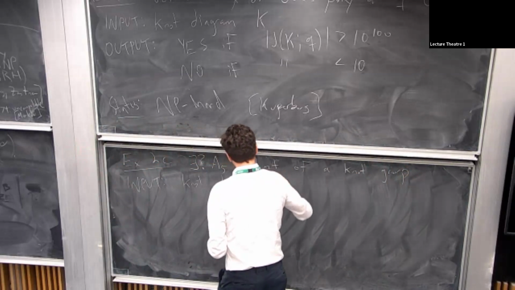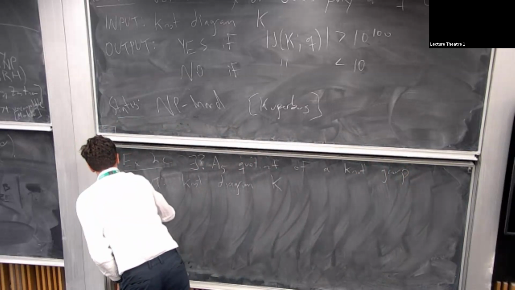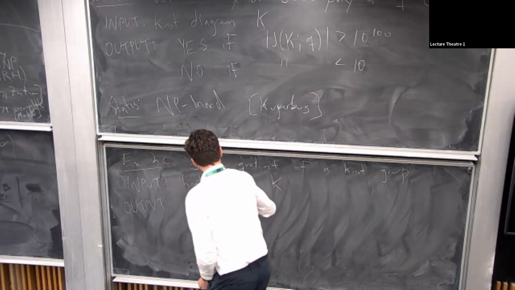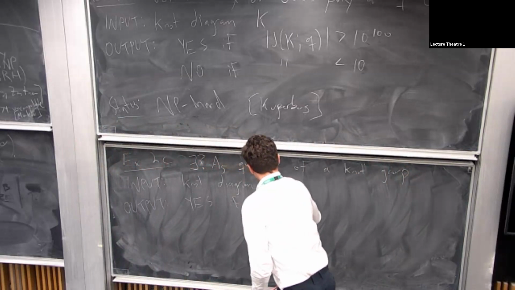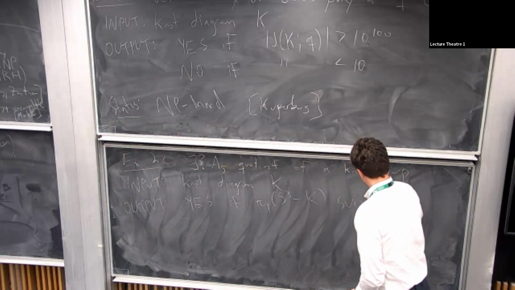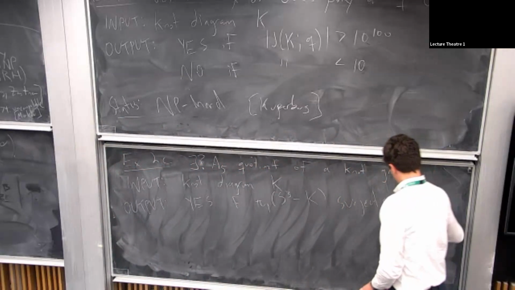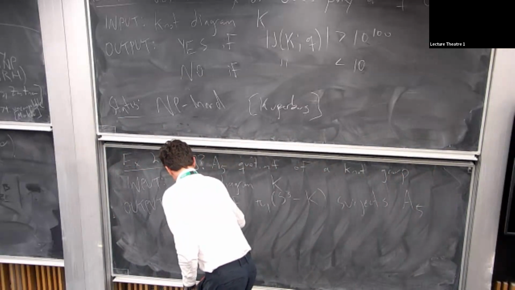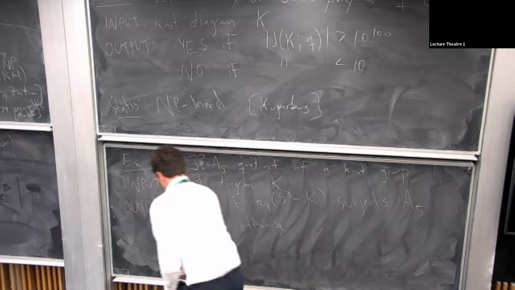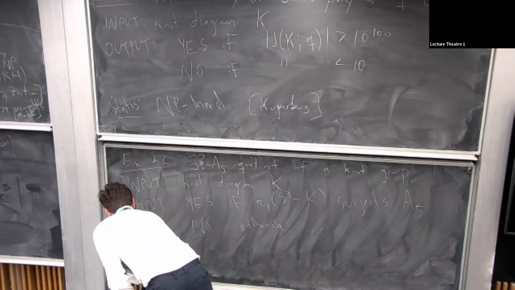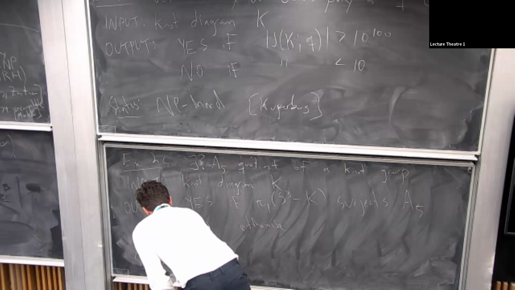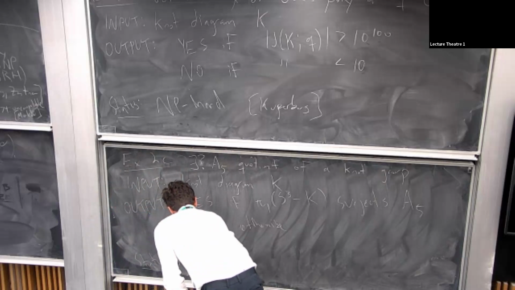The output will be yes if the fundamental group of the knot complement, S3 minus K, surjects onto A5, and no otherwise. And then the status is that this is NP-hard. Great.